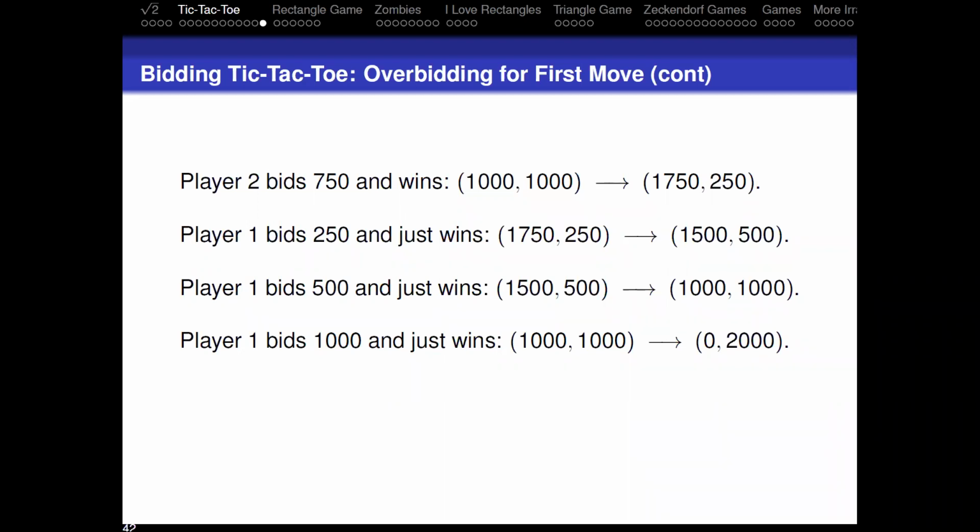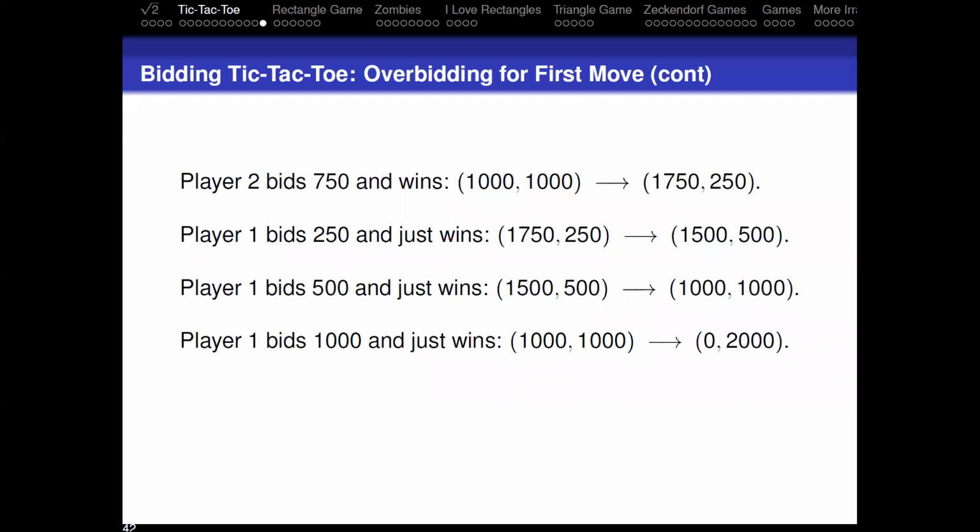Well, what I said is, in general, if they bid the same amount of money, you should have to rebid. But to make the analysis simpler, just say if they bid the same amount of money, player one wins. Otherwise, instead of bidding $250, player one would have to bid $251 to win. And that's going to make the analysis just a little bit uglier.